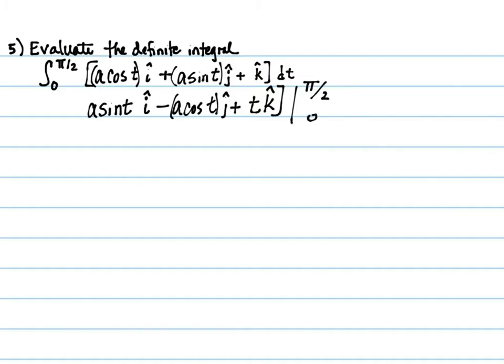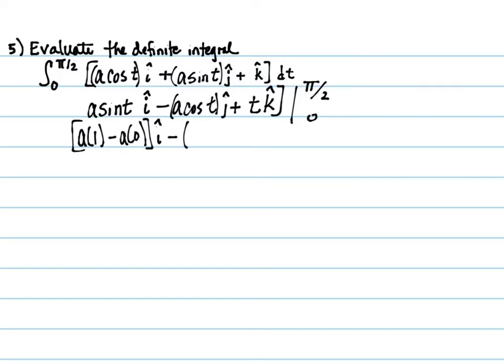Okay, so at pi over 2, I have a sine of pi over 2 minus a sine of 0. Well, a sine of 0 is 0. A sine of pi over 2 is equal to 1. So this would be a times 1 minus a times 0, if you will, i. I'll simplify it in a minute, but just so that I've written it down.